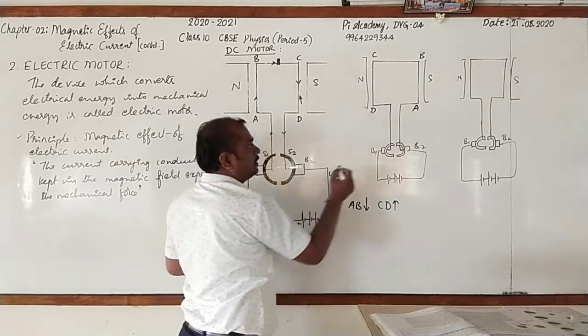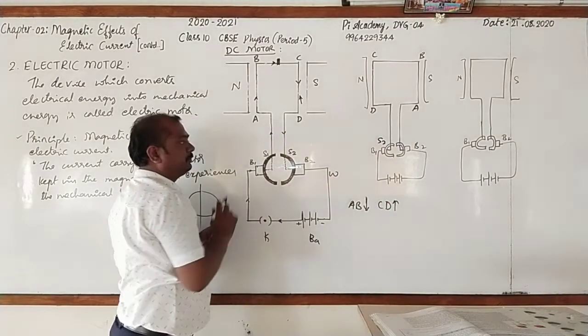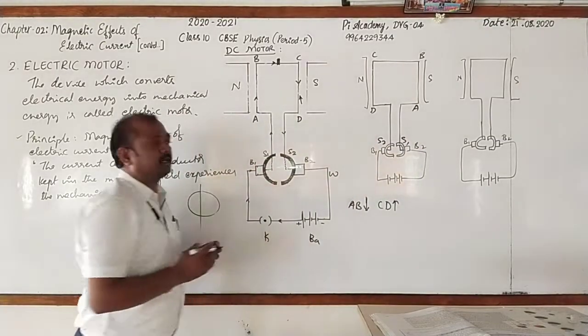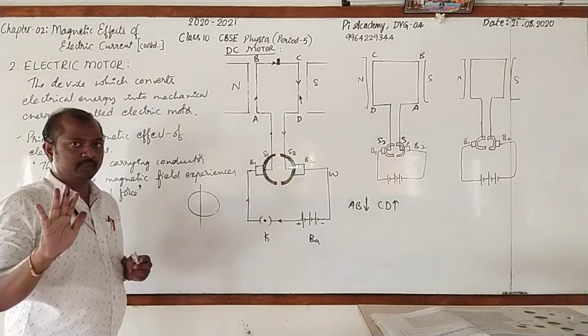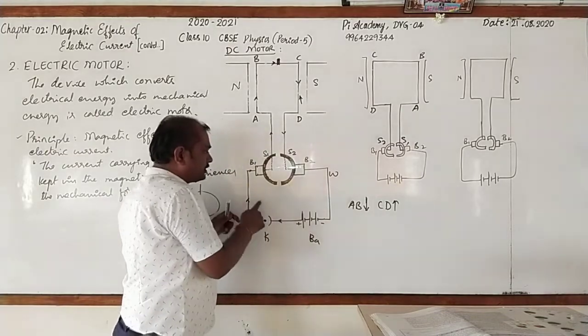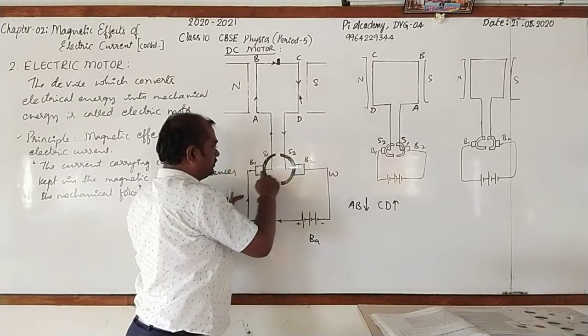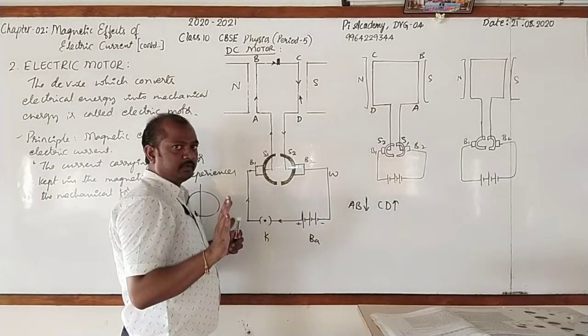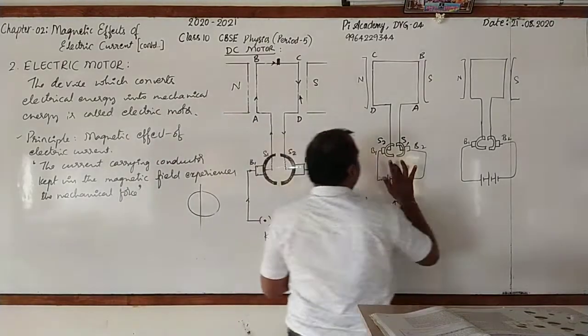This S2 comes in contact with B1 and S1 comes in contact with B2. Did you understand? Yes. Now, see, current in the external circuit is flowing from positive terminal to negative terminal. Clear? Now, observe.